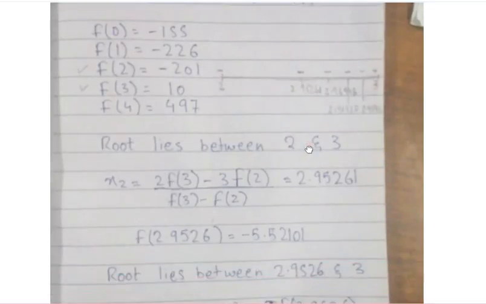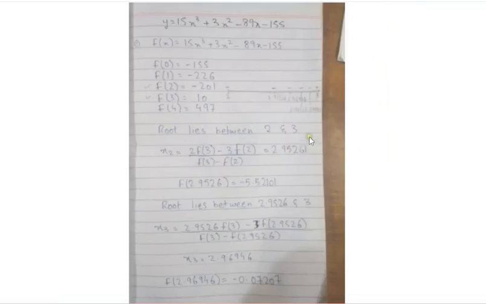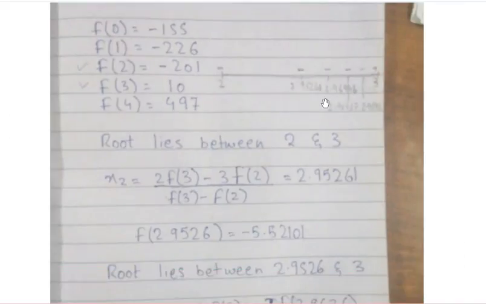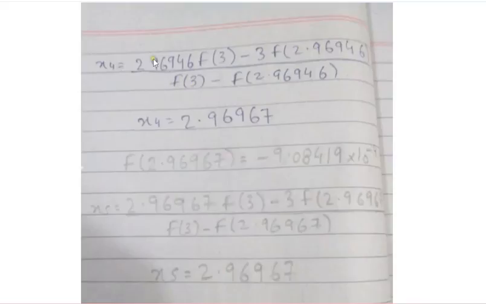So we will again apply the formula, which will come out as 2.96946 into f of 3 minus 3 into f of 2.96946 upon f of 3 minus f of 2.96946, which is here our formula.